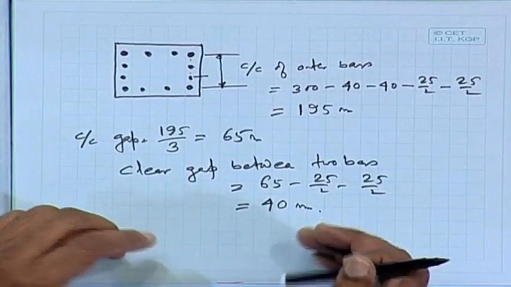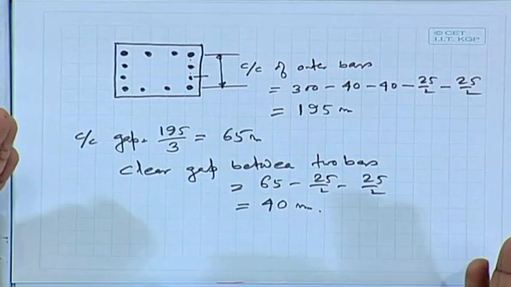Now, the question is, what about the lapping? Because we shall not get a single bar having sufficient length from the bottom to the top, maybe 2 stories, 3 stories or 5 storied. We will get maybe 5 meter or 10 meter bars. So, we have to give lapping of bars.